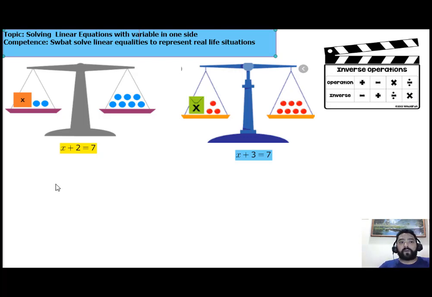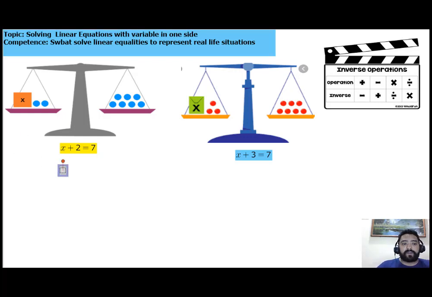So the first thing that we are going to do when we need to solve linear equations is to use the inverse operation and to isolate the variable. Isolate means leave alone our variable, in this case the variable x. So what do we have to do as a first step?